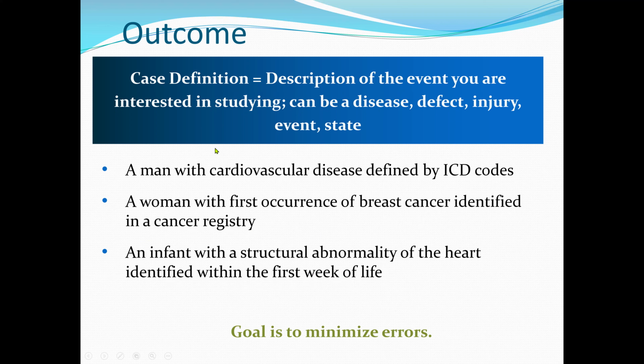And this can be a disease, a defect, injury, etc. Now, the goal is to minimize errors. Always in studies, we want to make sure the main result is valid and error-free, with perfect precision and accuracy. But in most studies, as we shall see, there is no such thing as a perfect study. But the goal, again, is to minimize errors.